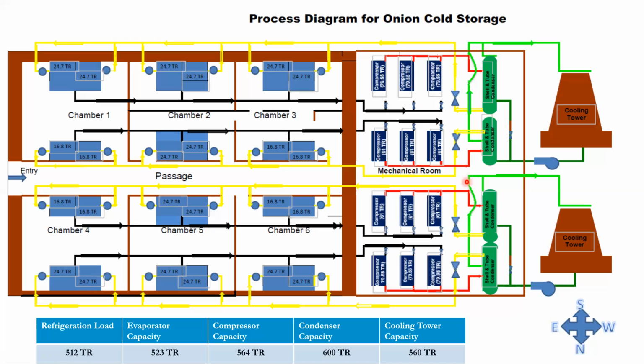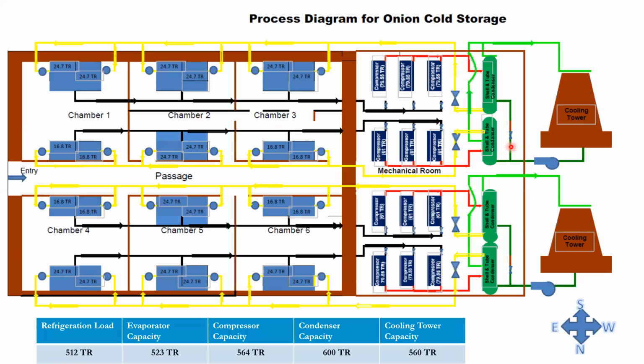From the condenser back to the evaporator. So these are the pipings provided, and separate systems are used. Means, if there is no pre-cooling, then we can shut down the entire system without affecting the regular load.